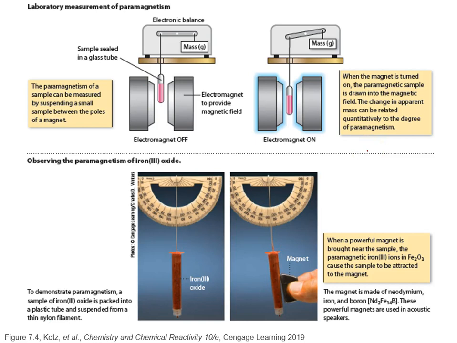This tells us the degree of paramagnetism. This might be a little easier to see right here, where we have a sample of iron(III) oxide, and the magnet's turned off. But if we turn the magnet on, we can hold up a magnet to it, and we can see that our iron(III) oxide actually is attracted to the magnet.